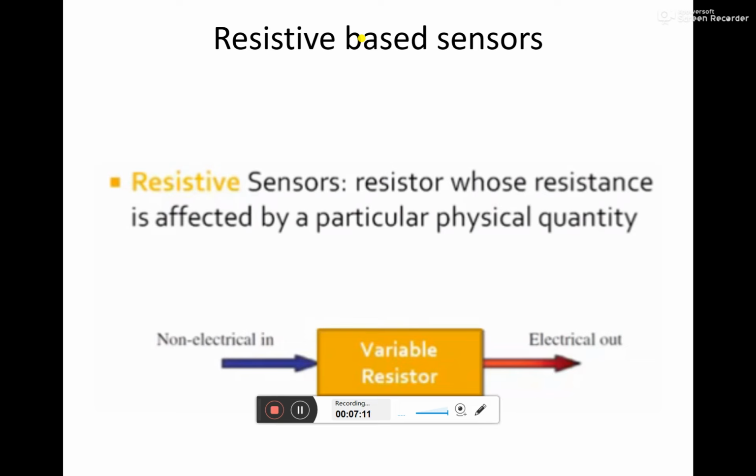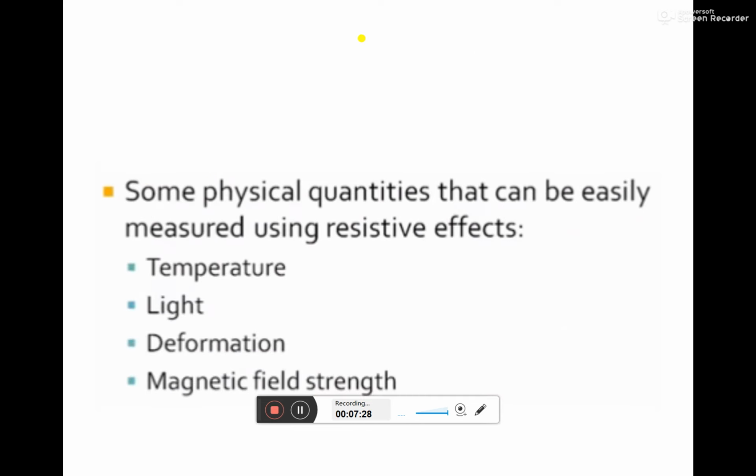It will generate some variation in the electrical output, and based on those electrical fluctuations, it measures the output. That is the principle behind resistive sensors.